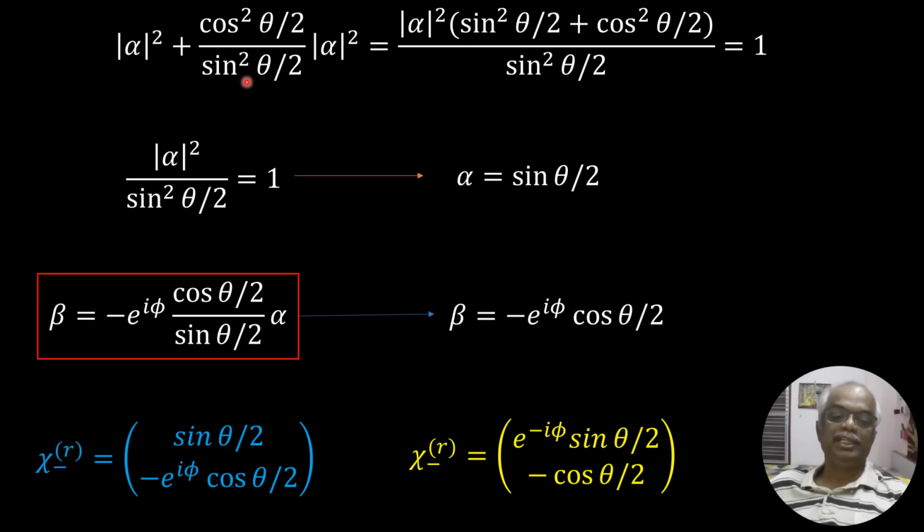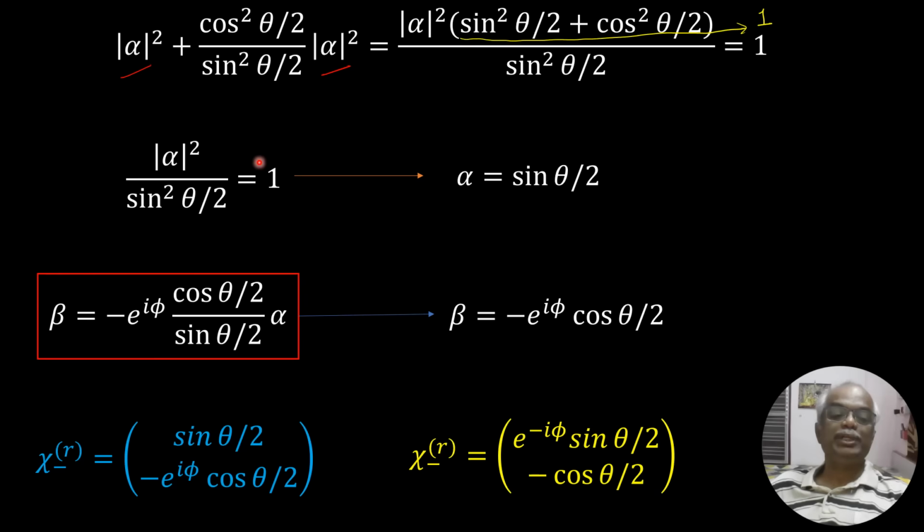Here, as done earlier, I am taking sine squared theta over 2 as a common parameter, so you have to multiply the first term by sine squared theta over 2. You have modulus alpha squared here as well as here, so you can take modulus alpha squared as a common parameter. Then you have sine squared theta over 2 plus cos squared theta over 2, so the terms inside the bracket will become 1.